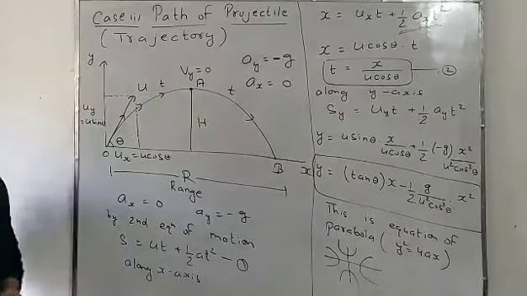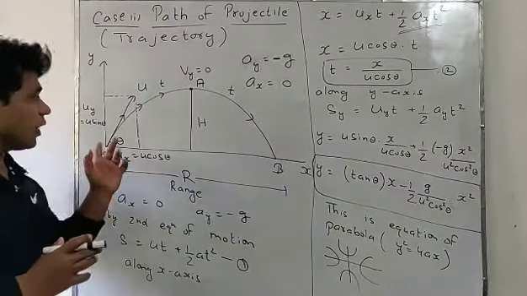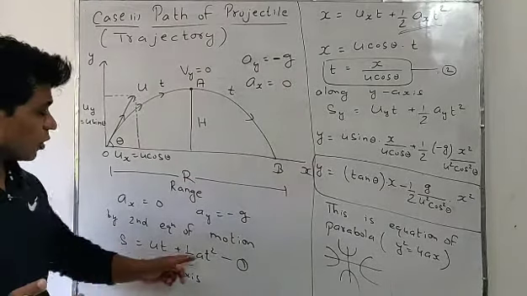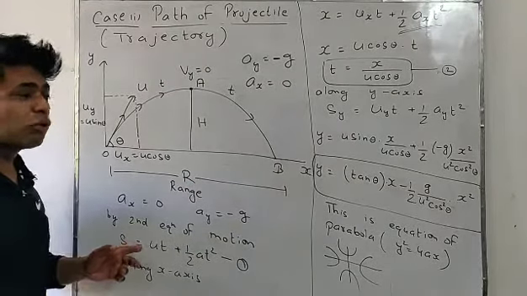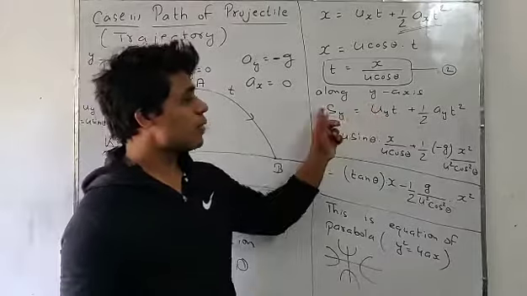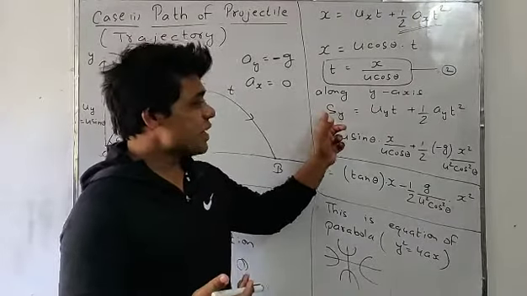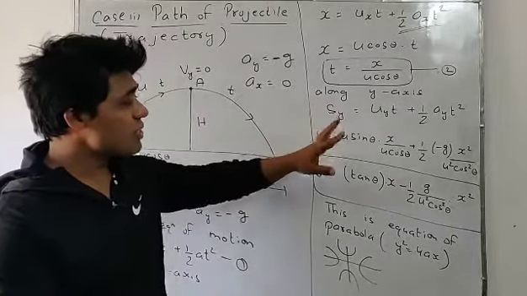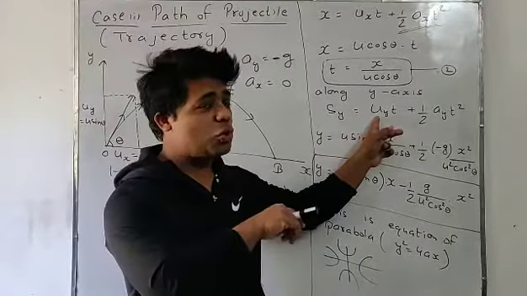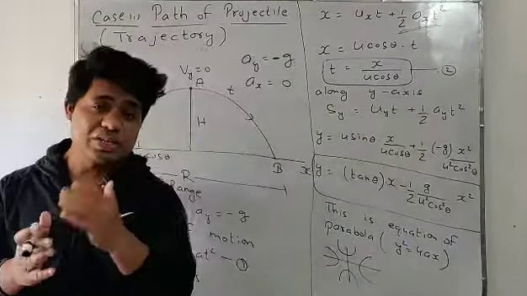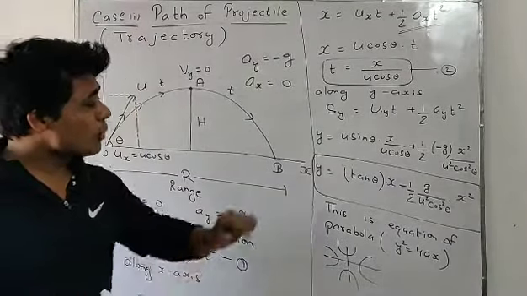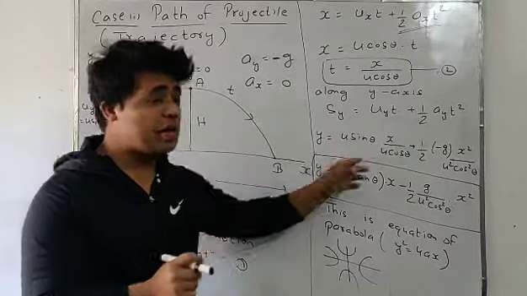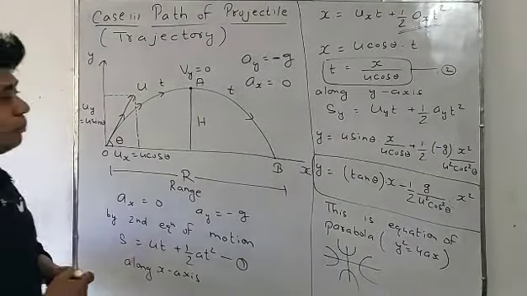Now, for the path along the y-axis, we convert the second equation of motion along the y-axis. It becomes sy, uy, ay, t square. sy means distance along the y-axis, uy means velocity along the y-axis, and ay means acceleration along the y-axis. Distance along the y-axis is taken as y. What is uy? The vertical component of velocity, u sin theta.